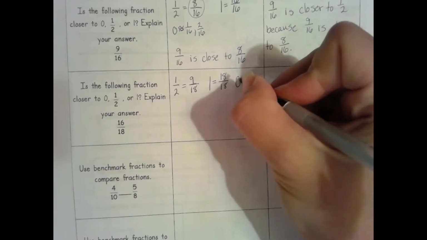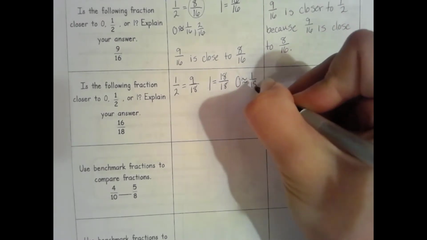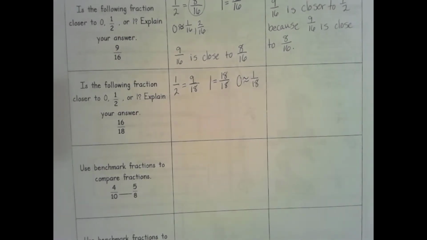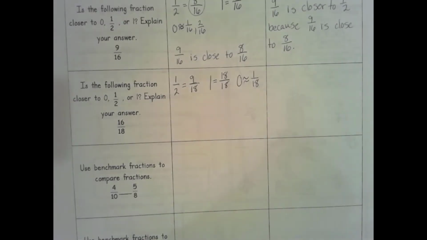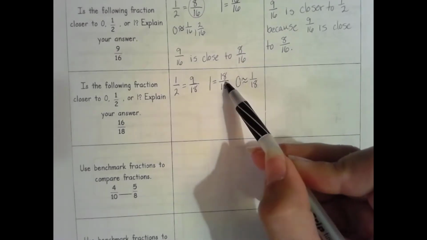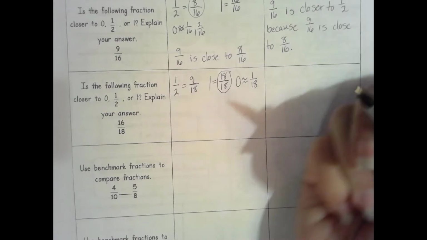And 0 would be similar to 1/18. This would be approximate. Let's see. 16/18 is 7 away from this, but only 2 away from this. So it looks like it's closer to 18/18.